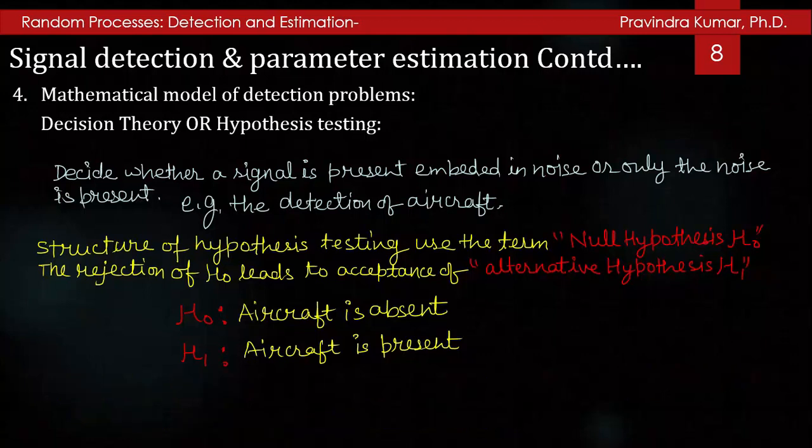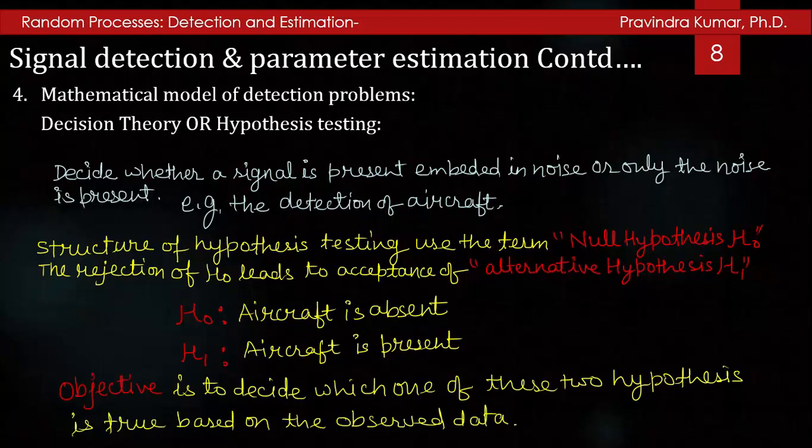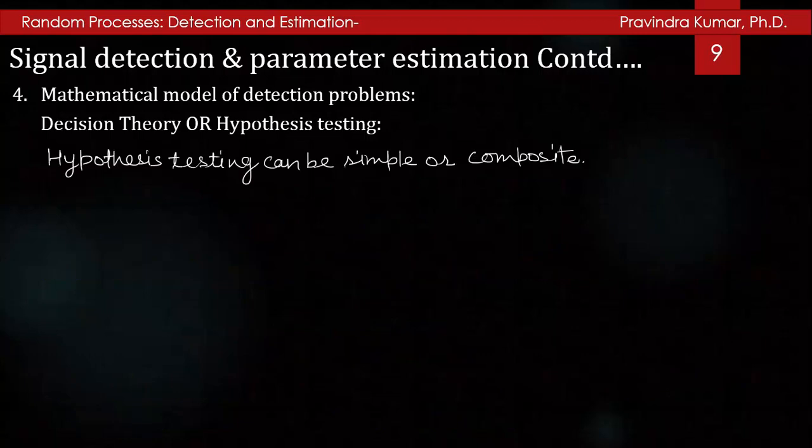And in decision theory, the objective is to decide which of these two hypotheses is true based on the observed data. A hypothesis test is a simple hypothesis testing if all parameters are specified exactly. It can be composite also.